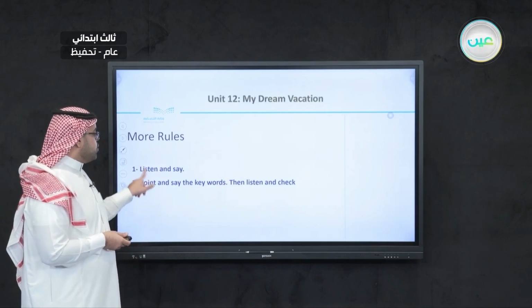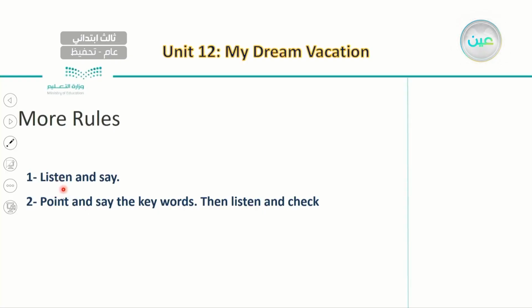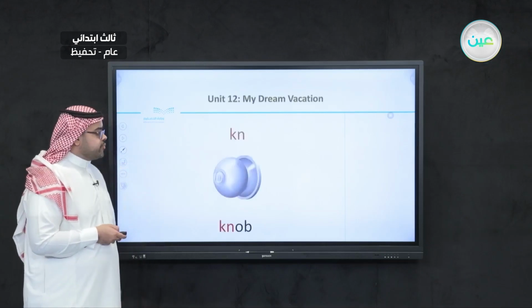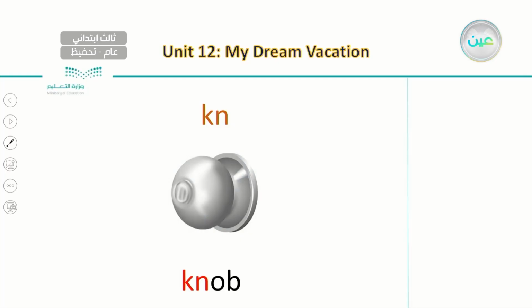So what I would like you to do is to listen to me and say the words, and after this, point and say the key words, the words that we highlighted, and then listen again and check all of these words. This is what we are going to do today.